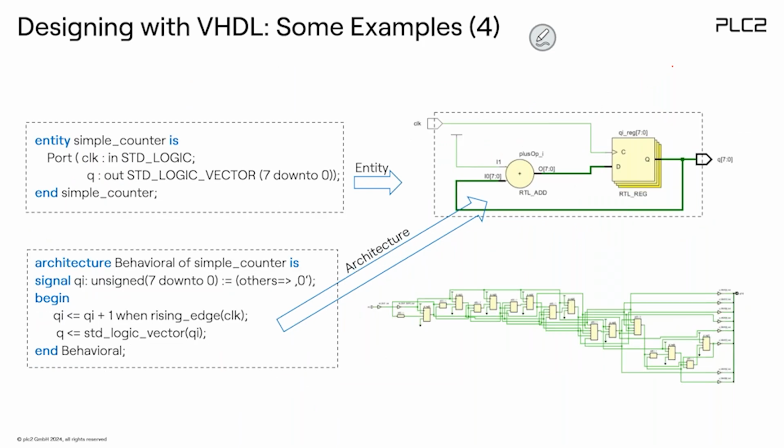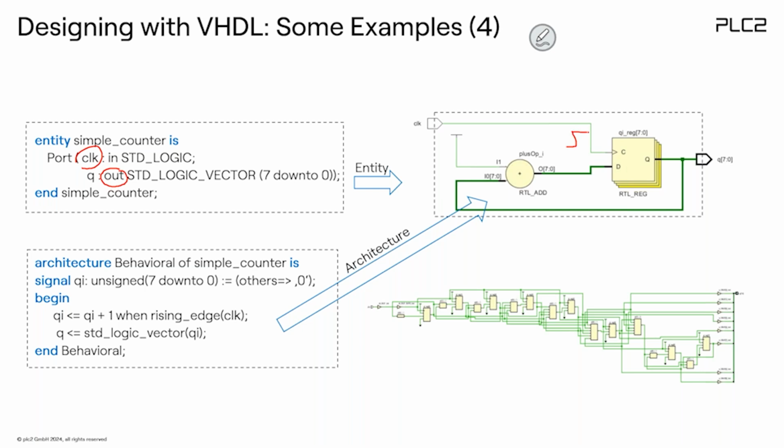Then again, if you would like to implement a counter, then you write something like this. You define a clock and you define output Q. Please note Q is an output. But what is the definition of a counter? Here we go.